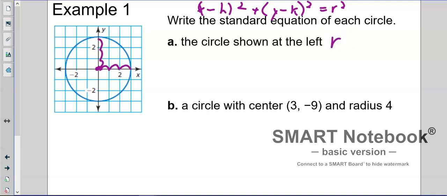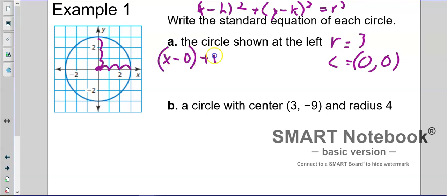So my radius is 3. And since my center is at 0, 0, this goes pretty quickly. It's x minus 0 squared plus y minus 0 squared equals 3 squared. Well, x minus 0 is just x, so this is basically x squared plus y squared equals 9.